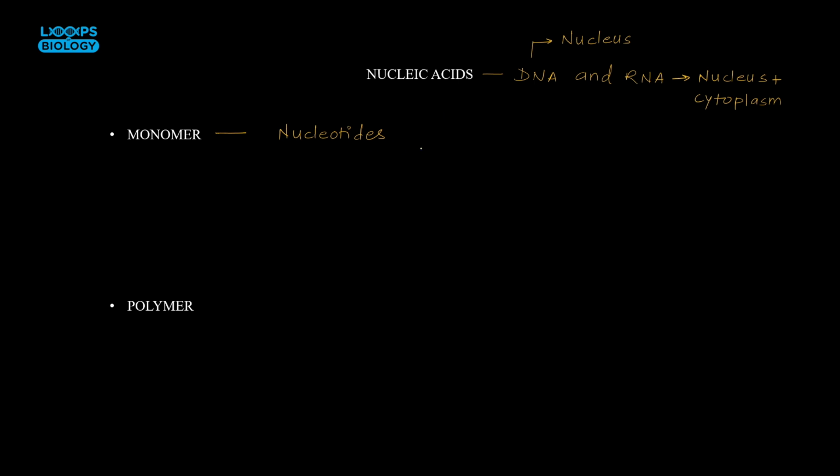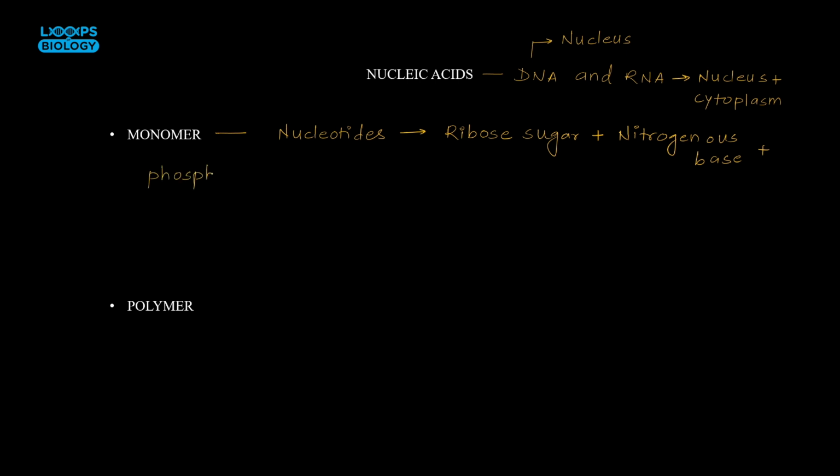These nucleotides are further divided into ribose sugar, then there is going to be the presence of a nitrogenous base, and the presence of a phosphate group.